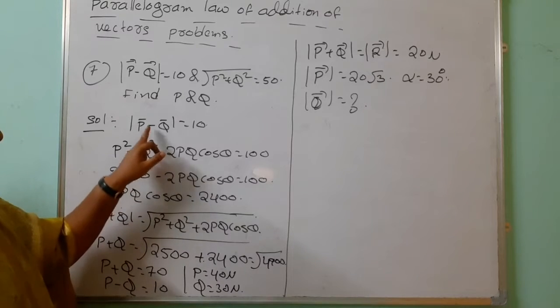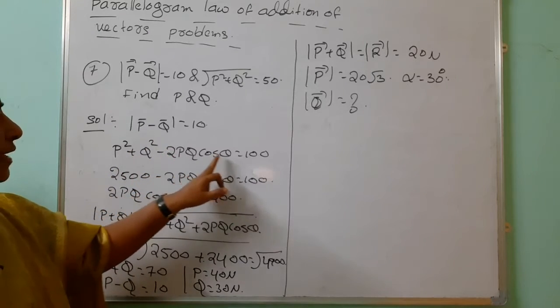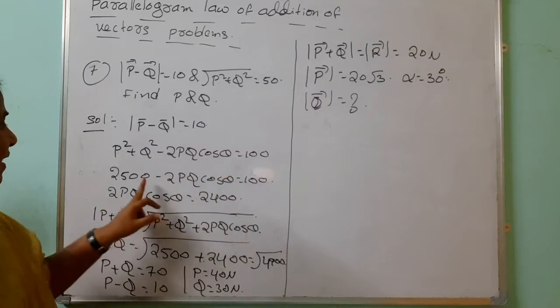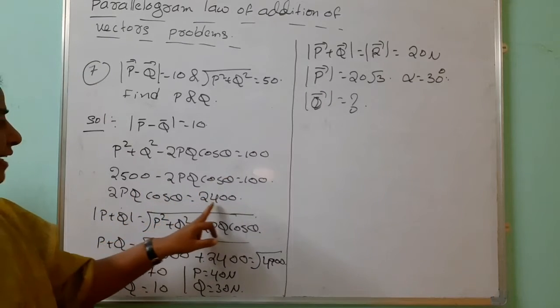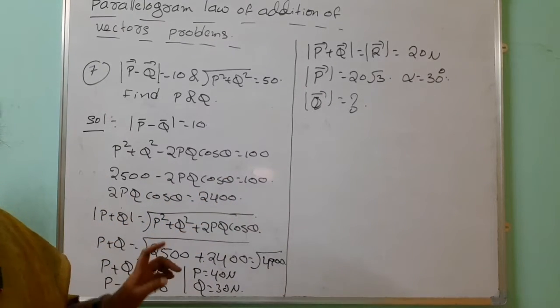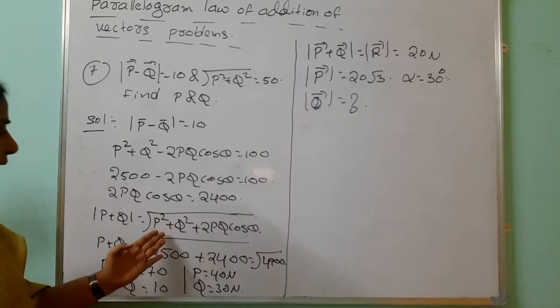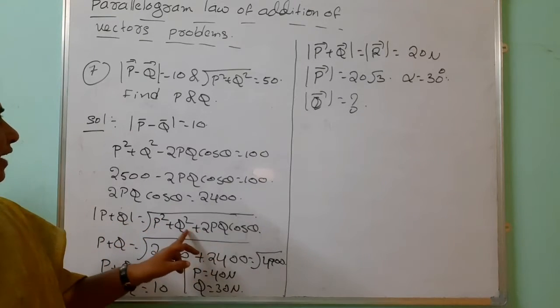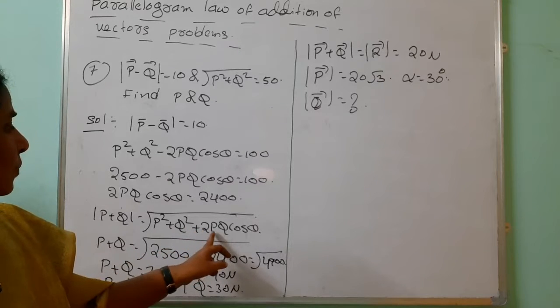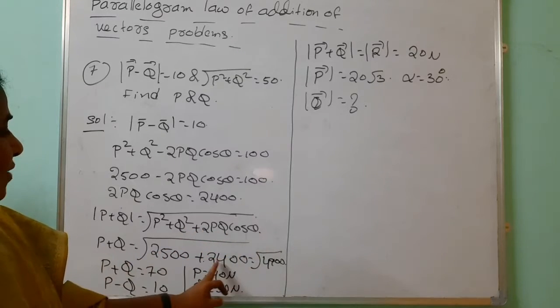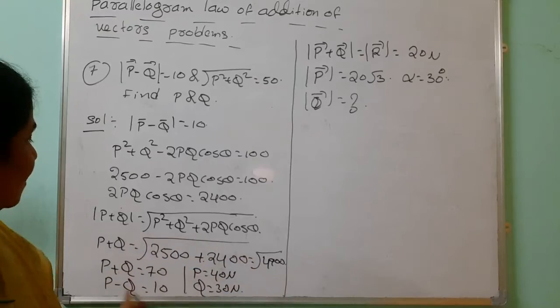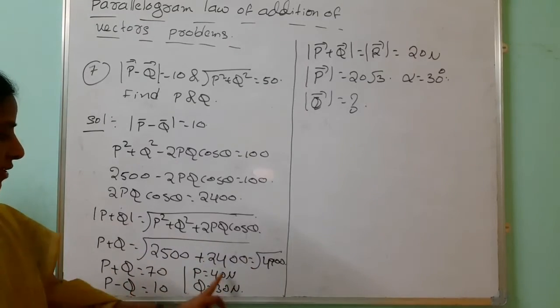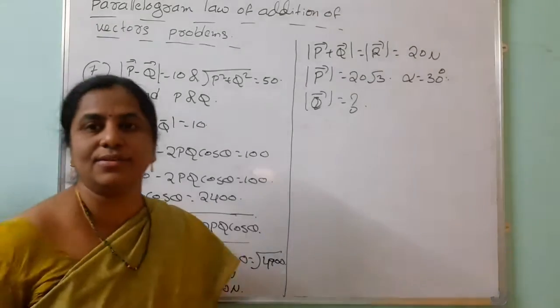P square plus q square, here minus is there, means minus 2pq cos theta equals 100. After that, 2pq cos theta is 2400. Then p plus q, you know the parallelogram law of addition of vectors, under root p square plus q square we are writing 50. Then 2pq cos theta we are writing 2400. After simplification, we get p equals 14 newtons and q equals 13 newtons.